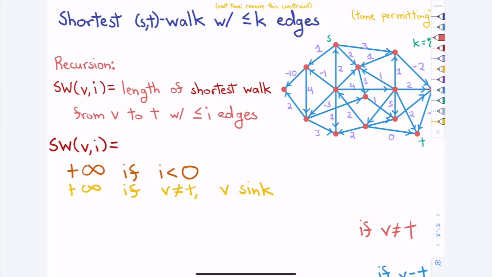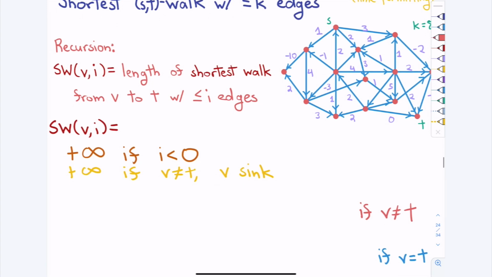Okay, let's say otherwise you have at least 0 edges to use. If v is t, then that's good. But if v is not t, then you used up all your edges and you didn't get the t, so again, I'll give positive infinity. So the interesting case is when i is at least 0, and either v is not your destination or v is your destination.